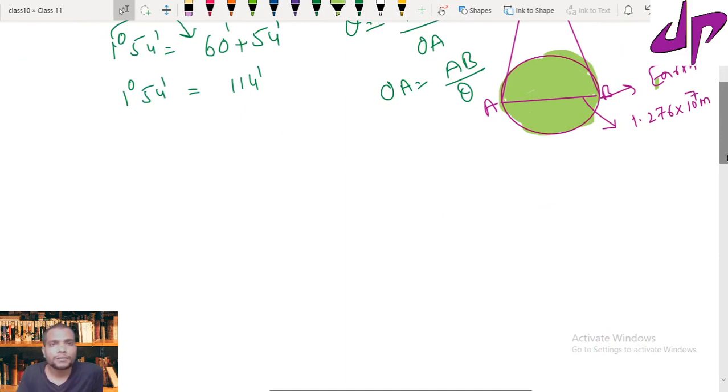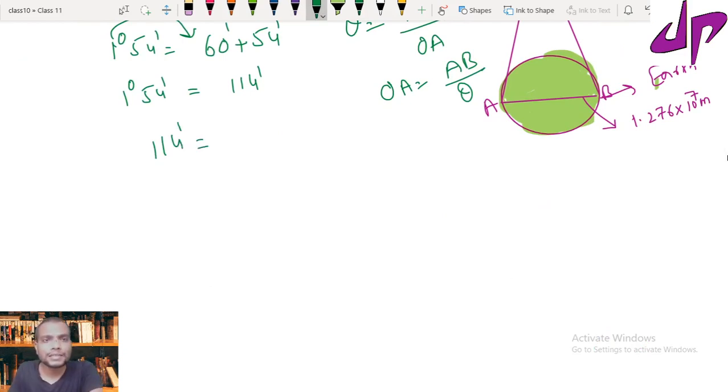Now we can convert this 114 minutes. So therefore 114 minutes equal to, we will convert in terms of seconds, 114 times 1 minute, which also equal to 114 times 60 seconds.